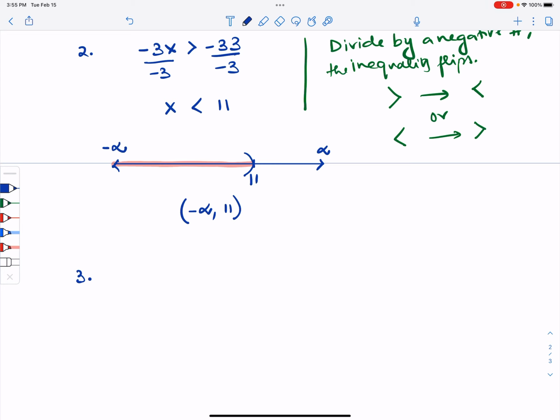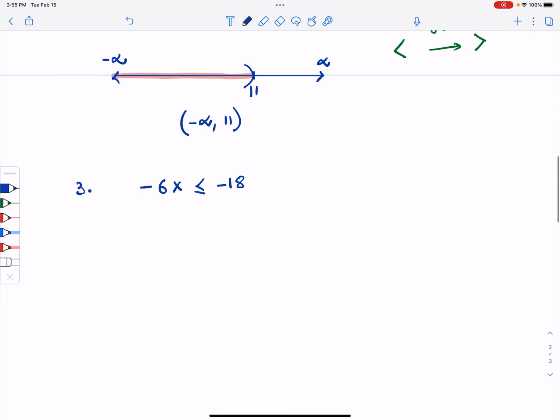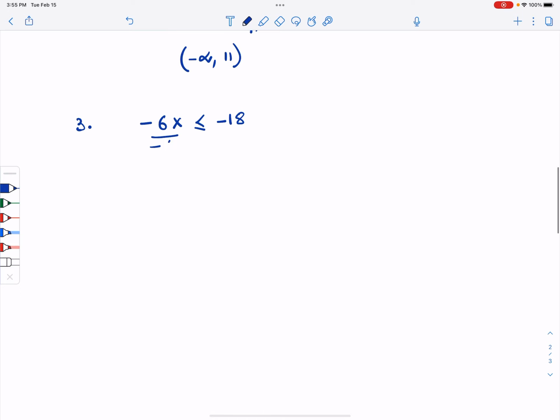All right. Let's try another one. Let's say you're given -6x less than or equal to -18. Similar logic, we're going to divide by -6, right? So let's divide by -6. And that would flip this sign to greater than or equal to 3. So on the number line, let's put the 3 out here.